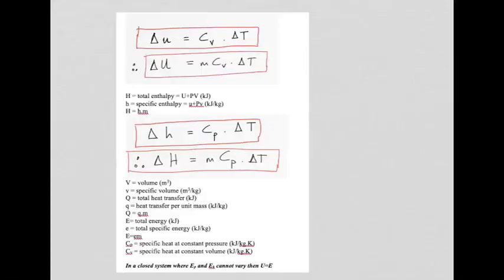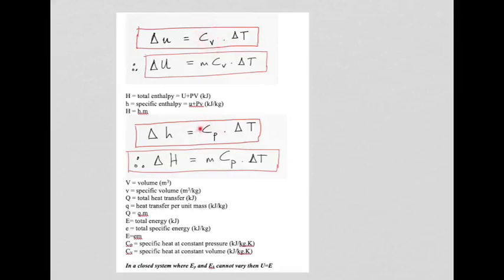Now, before we just dive into it, let's cast our minds back a bit to specific heat. Remember that there were two different specific heat values that we used. There were times when we used CV, and there were times when we used CP. Remember what CV was? That was the value of specific heat for a process occurring under constant volume.